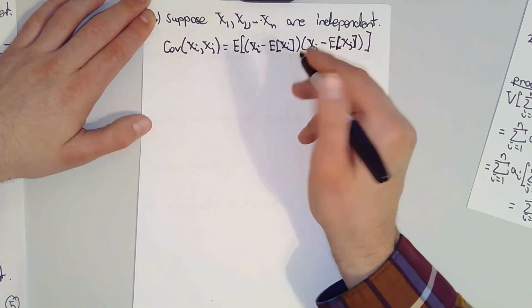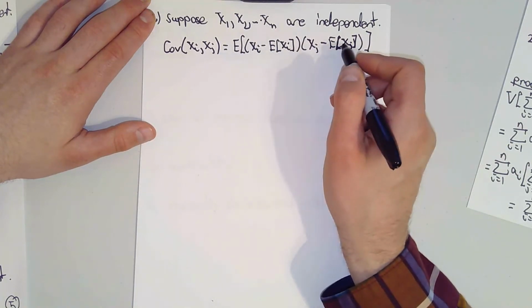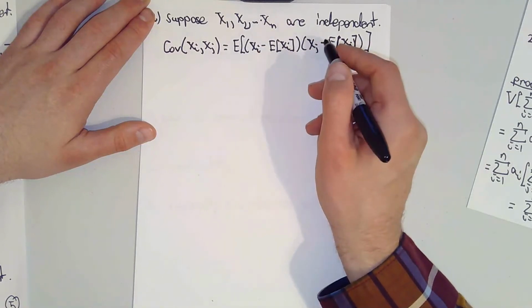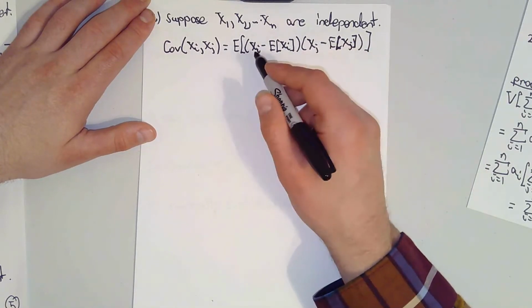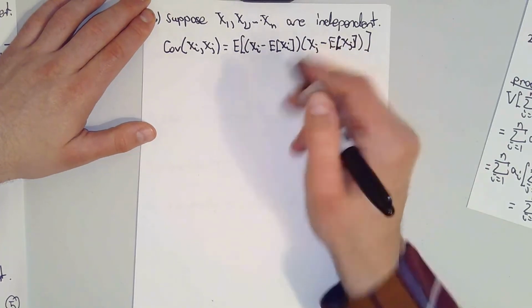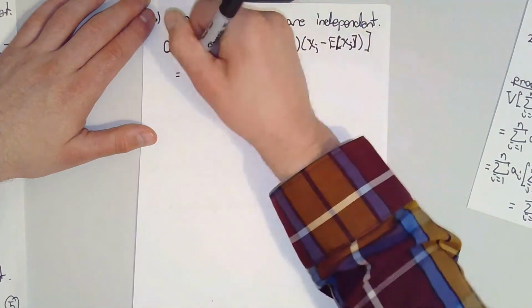I won't show in detail here, but it uses the fact that they're independent. In other words, the joint PDF between X sub i and X sub j is the product of the PDF for X sub i and the PDF for X sub j. So as a result, the expectation operator is multiplicative.